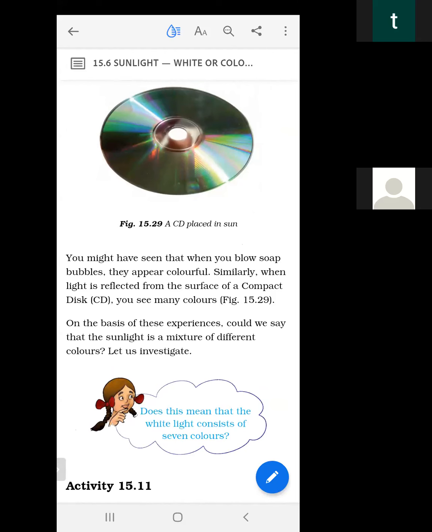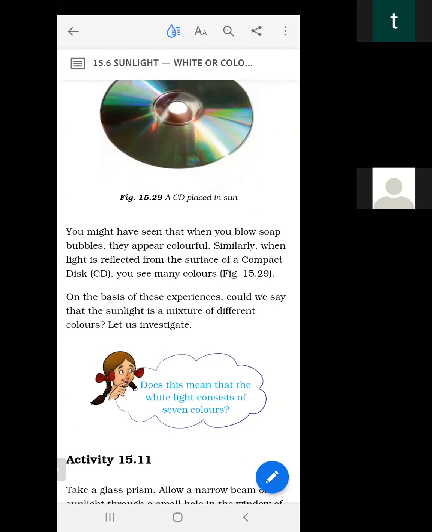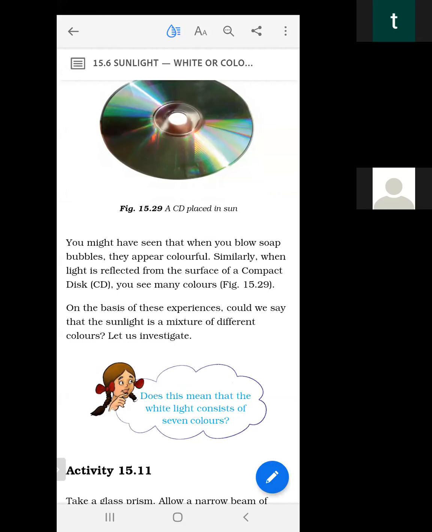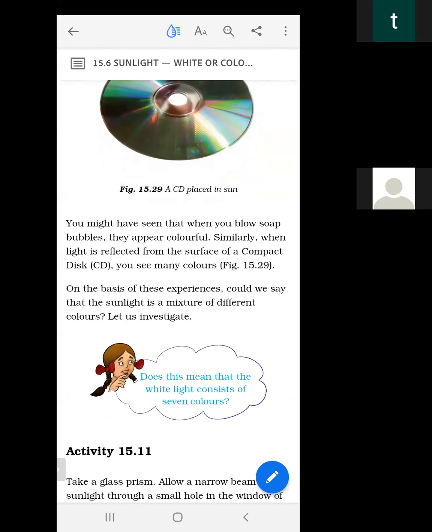Similarly, when light is reflected from the surface of a compact disc, CD or DVD, you see many colors. On the basis of these experiences, could we say that sunlight is a mixture of different colors? Yes, sunlight is a mixture of 7 colors. Does this mean that white light consists of 7 colors? Yes, white light consists of 7 colors.